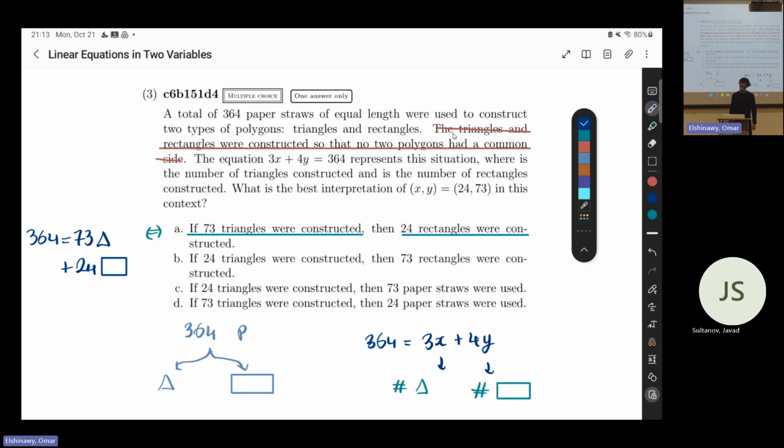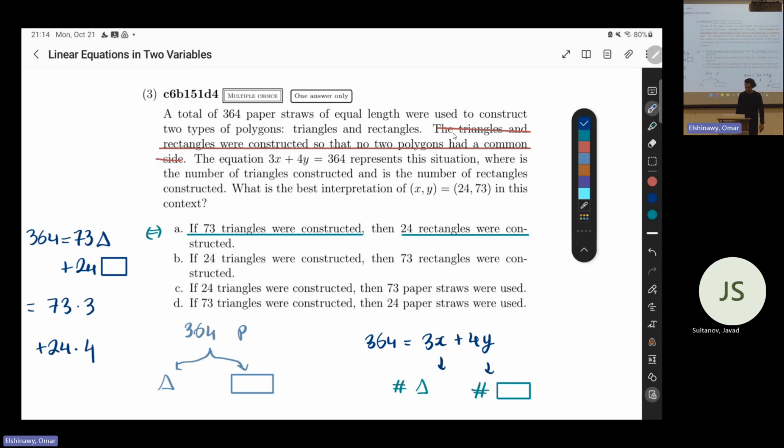X should be the triangles because there's 3 times X, 3 straws used. Yeah. So maybe I'll expand on this. How many straws do you need for each triangle? 3. So I can just write 73 times 3. And if I want to make 24 rectangles, how many straws do I need for each? 4.